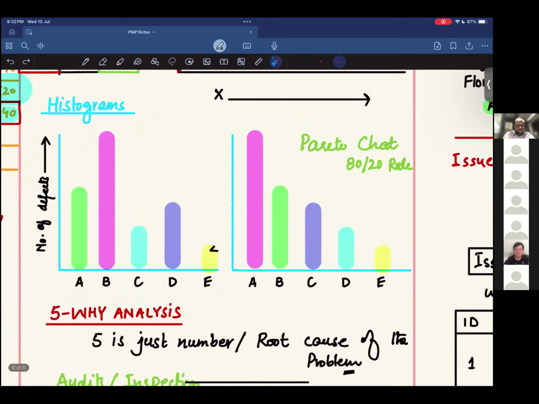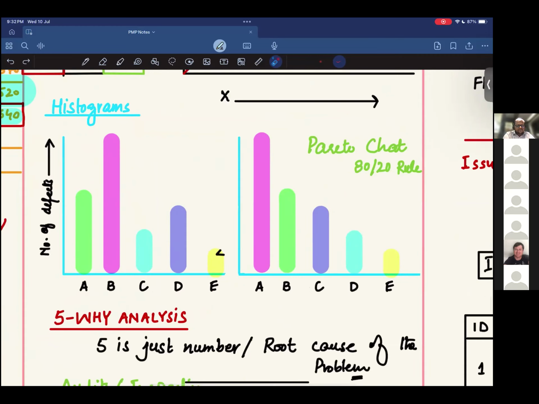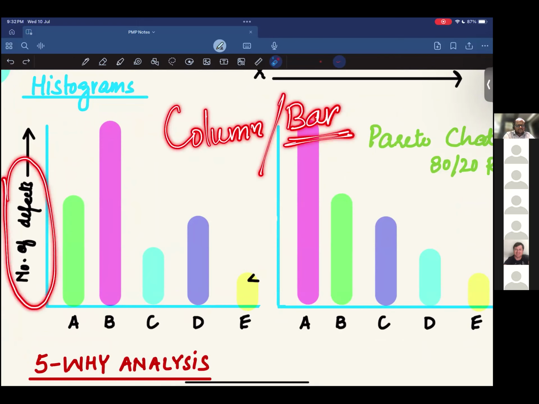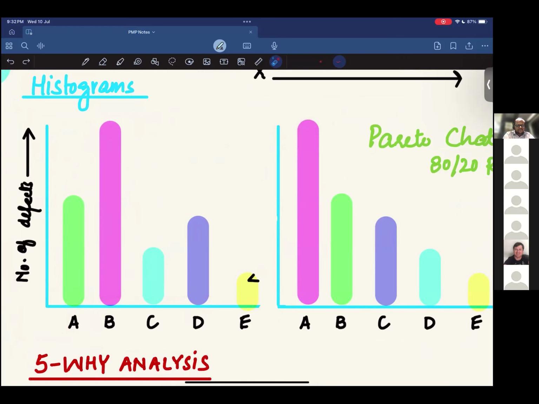Histograms. Now this is a histogram. Number one, it's a column chart, or a bar chart. Along the y-axis, we have the number of defects. Along the x-axis, we have the type of defects, right? So this graph tells us the frequency of type A defect. Let's suppose it is 20, this is 40, this is 10, 15, and 5.